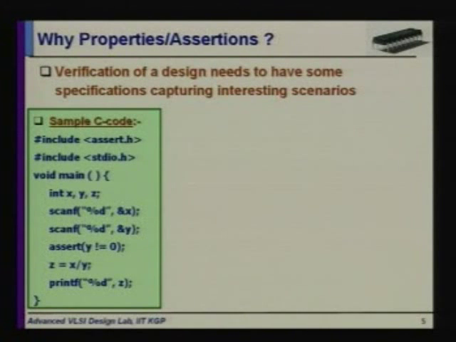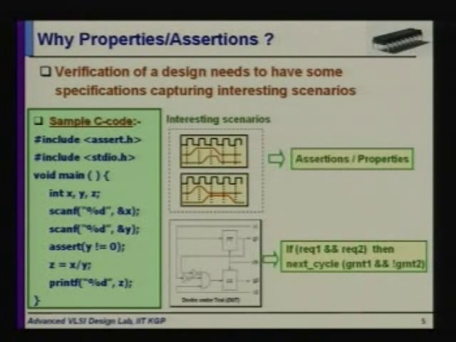But the difference is that in this assertion you specify a boolean expression, y not equal to 0, or a and b not equal to 0, like this. But as a design is simulated over time cycles, you need to have those time steps in your assertions to capture behavior. For example, if request 1 and request 2 are on, then in the next cycle grant 1 will be on, but grant 2 will not be on.